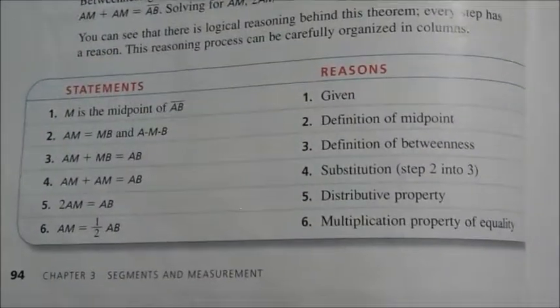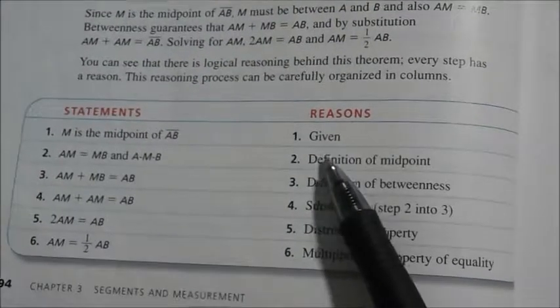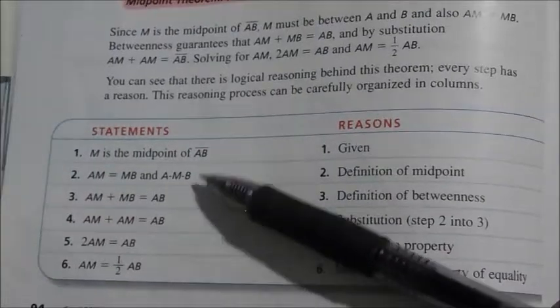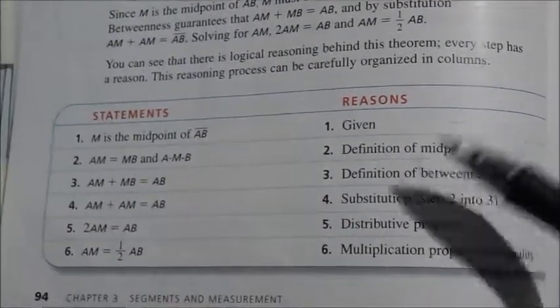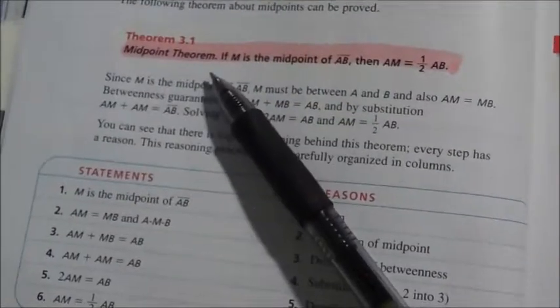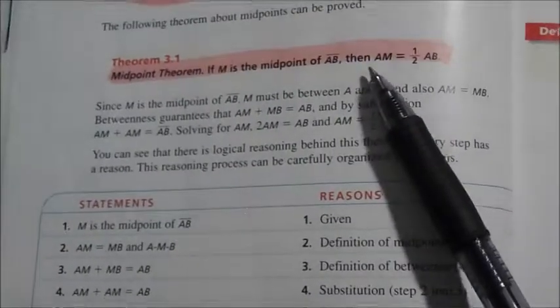So in your book, you're going to have these proofs that they do for you. And they are going from one line to the next, one line to the next, one line to the next. And every time they write something, they tell you the reason for why it works. So we have this theorem right here called the midpoint theorem. It says if M is the midpoint, then A to M is half of the entire amount.